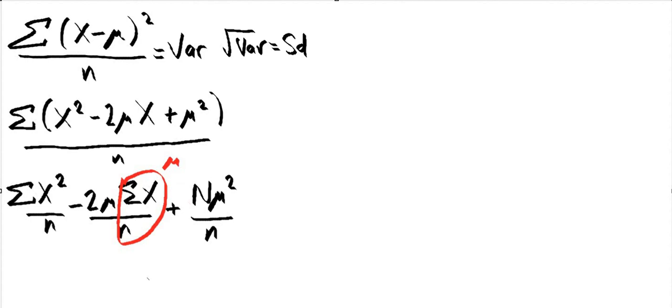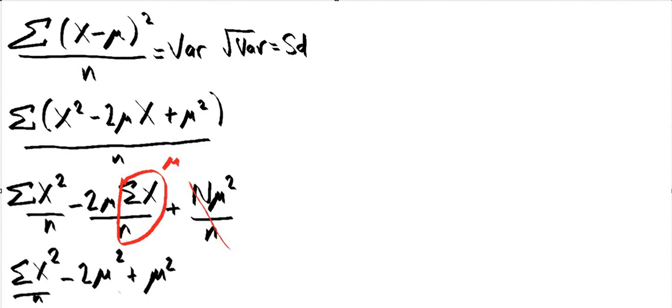So I can rewrite this as the sum of x squared over n minus 2 times mu, or mu squared, plus, as you see, if I've got n lots of mu squared divided by n, that's just mu squared.